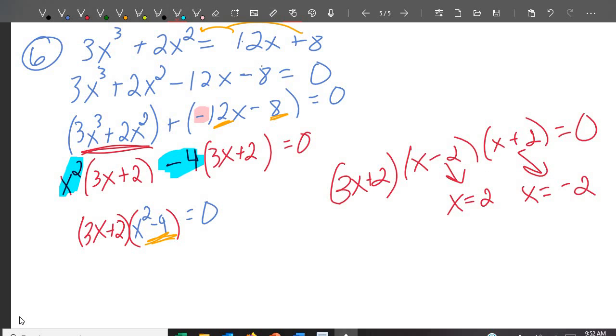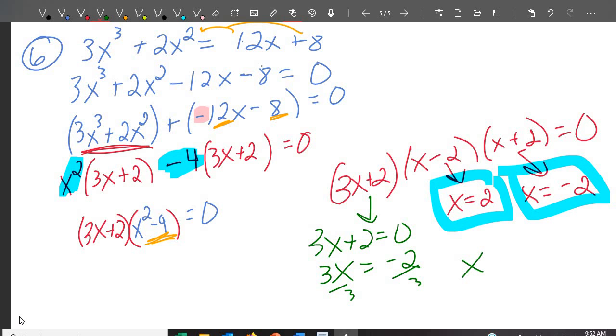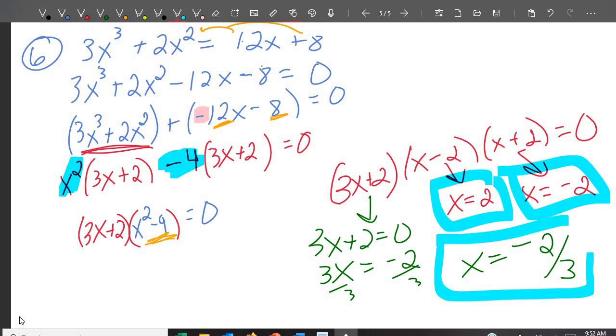So that's 2 answers. Now we're going to set the 3x plus 2 equal to 0, solve for x. I'm going to move the positive 2 over, which makes it negative 2. When I divide by 3, we get x to be negative 2/3. So that's my third answer.